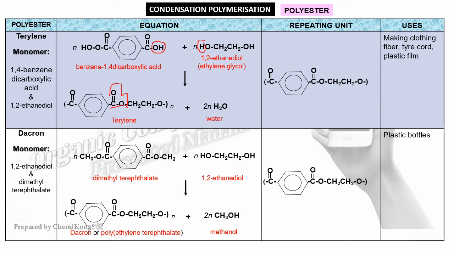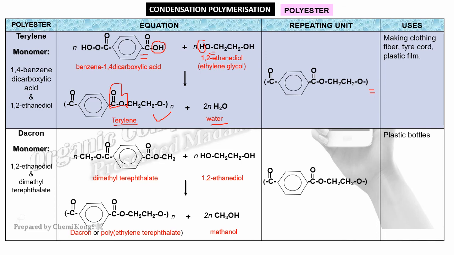So this is joined together, the C double bond O joins with the O over here and then forms the ester. So terylene is formed and water is eliminated. So the repeating unit is without the n. And then the function is making clothing fiber, tire cord, and plastic foam.